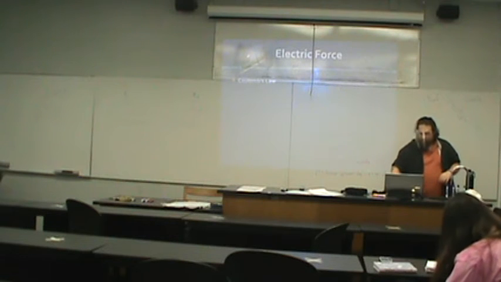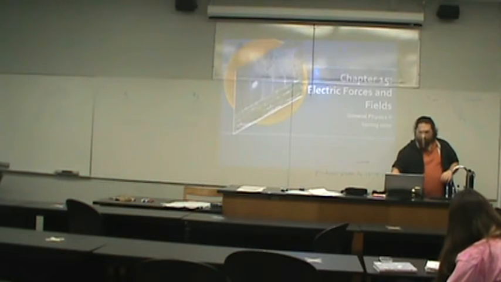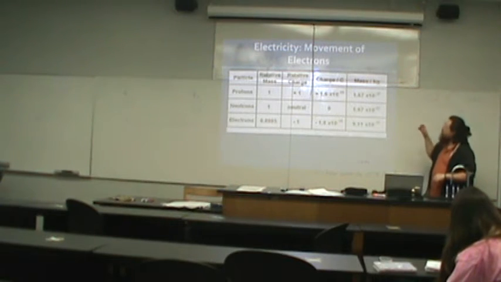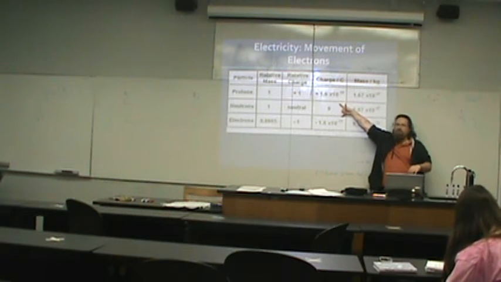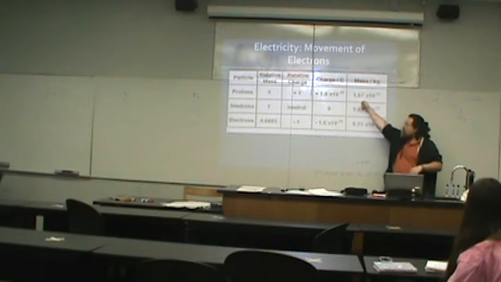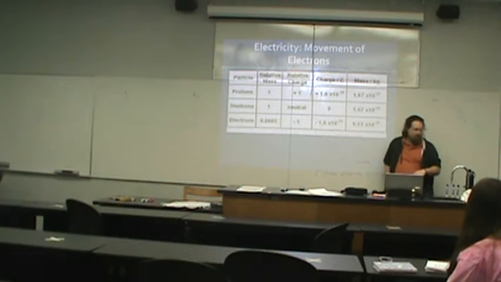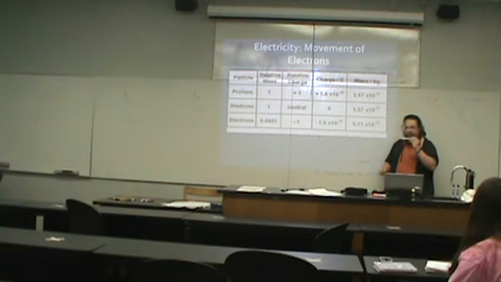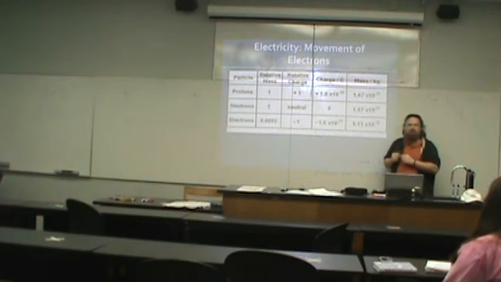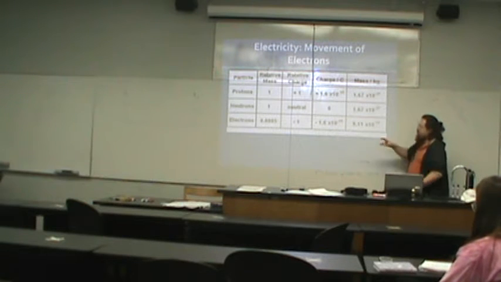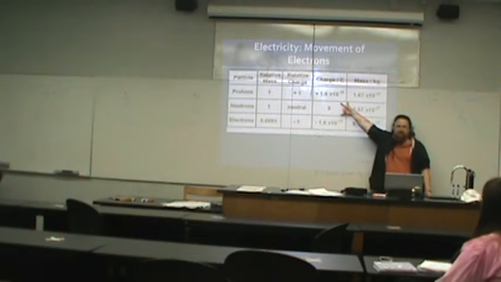To back up just real briefly again. These two things are the smallest intervals of charge, meaning that usually most objects in the universe, like this marker here, like to have the same number of each of these things, right?